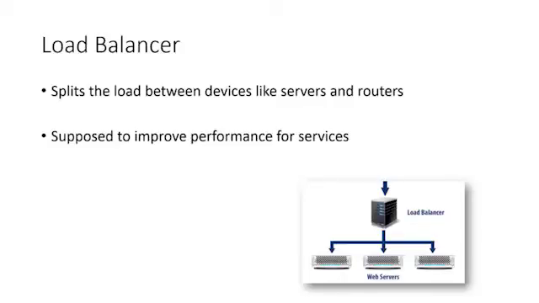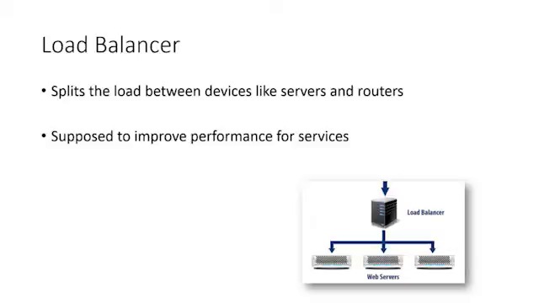We can also have something called a load balancer. Now this splits the load between devices like servers and routers, and it's supposed to improve performance for our services. Where this comes in for security is it could help with DoS attacks or DDoS attacks, because you hit the load balancer first, and it says, okay, I'm load balancing for, like in our graphic we have here, 3 web servers.